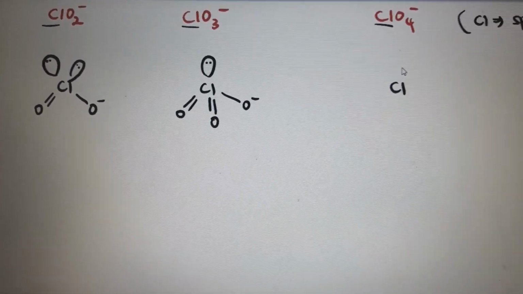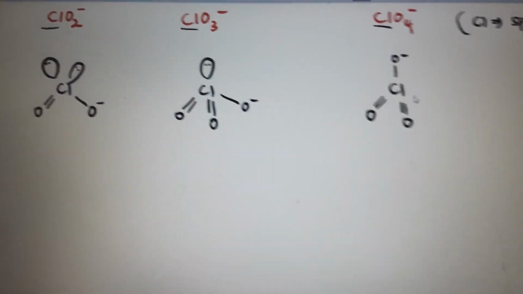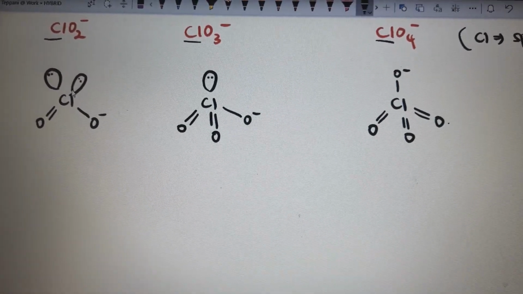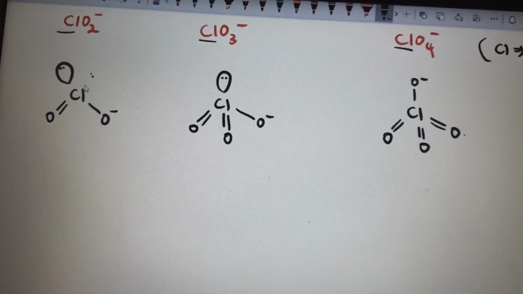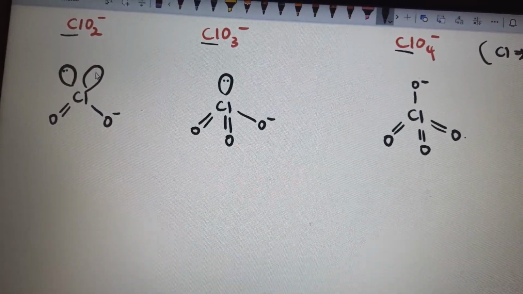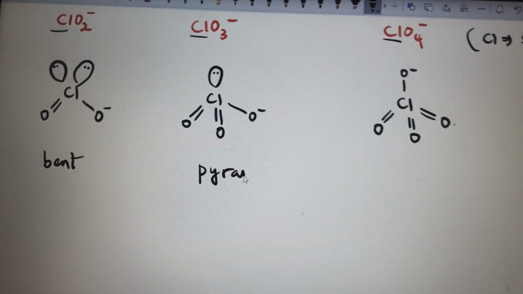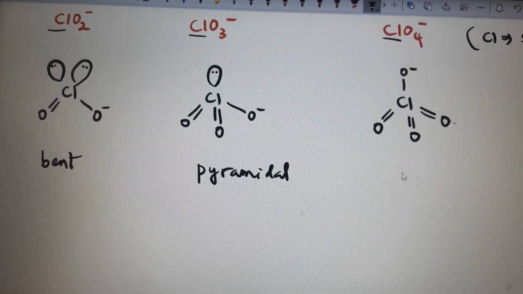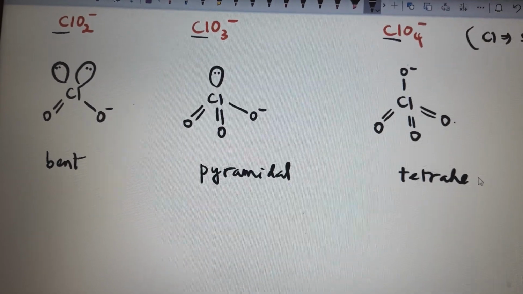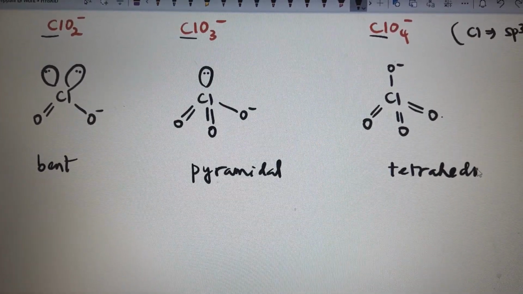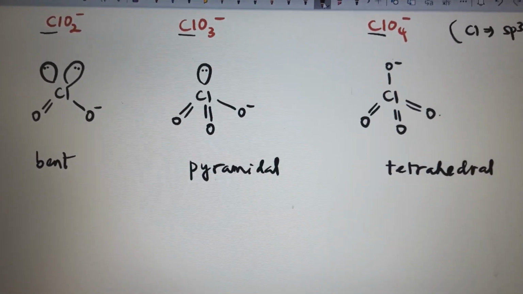In ClO4-, there is no lone pair. ClO2- is bent, ClO3- is pyramidal, and ClO4- is tetrahedral. So everywhere sp3 is there.